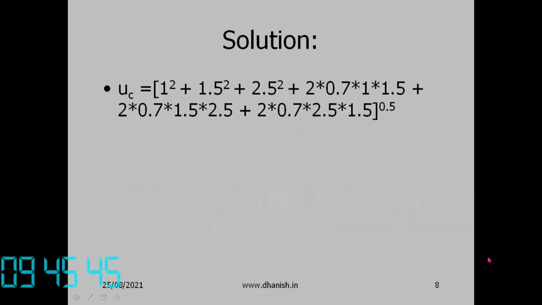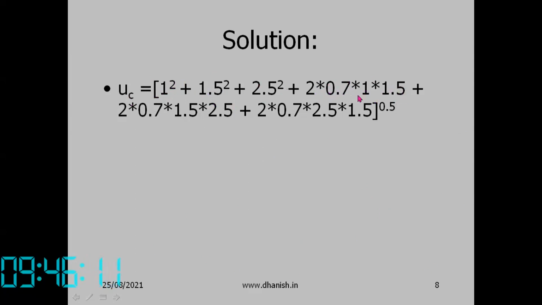So combined standard uncertainty will be uncertainty of resistance 1 squared plus uncertainty of 2 squared plus uncertainty of 3 squared plus 2 into 0.7, the correlation coefficient, into uncertainty of resistance 1, which is 1, uncertainty of resistance 2, which is 1.5.